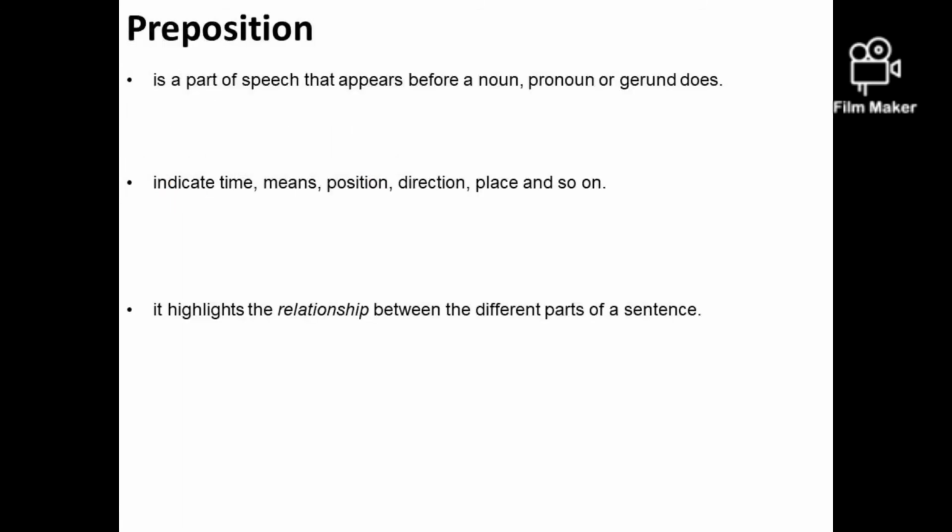So that is how prepositions work, right? It's a word that appears before a noun, pronoun, or a gerund. It highlights the relationship between the different parts of the sentence.